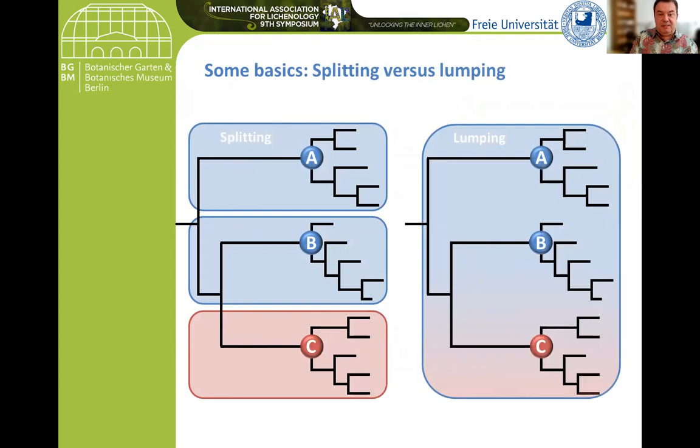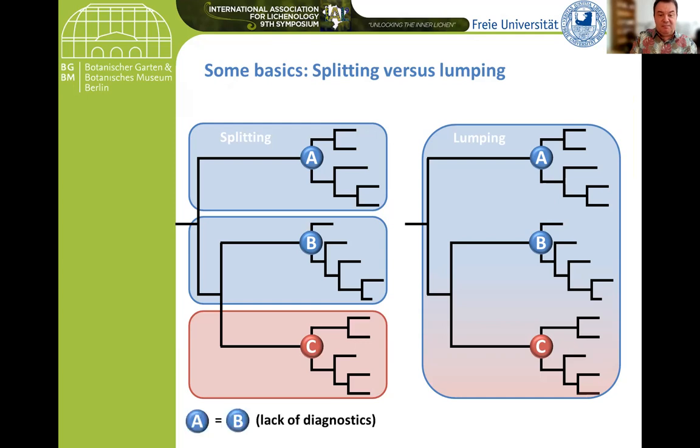Another important aspect is splitting versus lumping. And again, we have the problem of paraphyly in this case. So in this case, you have two clades A and B that are morphologically congruent and C is distinctive. And if you have a situation like this where C is nested within A and B, you can either split them into three or you can lump them into a single clade. And both actually have problems.